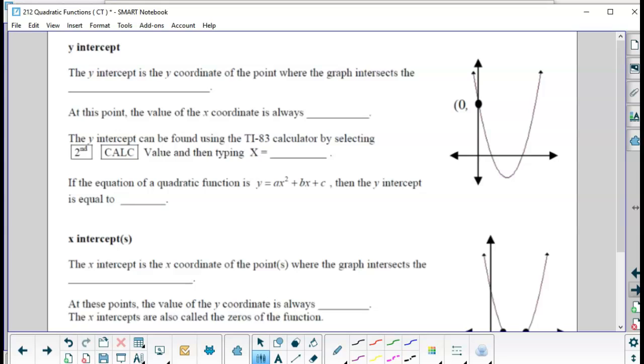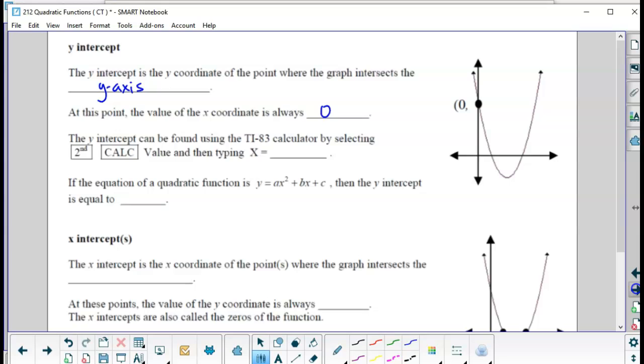All right, then y-intercept. So the y-intercept is the y-coordinate at the point where the graph intersects the y-axis. So these are all properties that you know. At this point, the value of the x-coordinate, remember, is always 0. Y-intercepts always have an x value of 0. So the y-intercept can be found using the calculator by selecting second calc value.